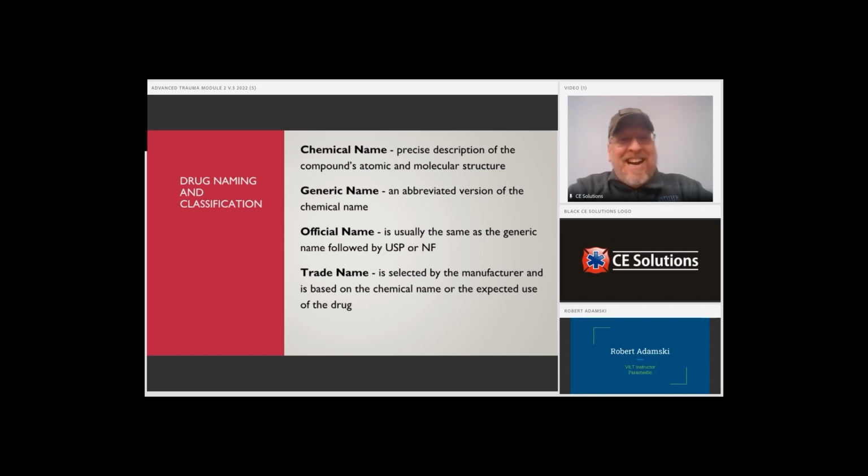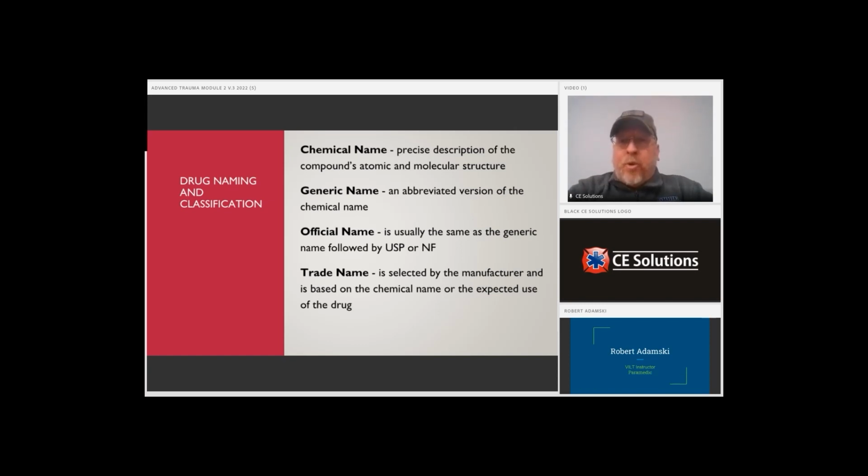The first is the chemical name, and that's the esoteric, really nerdy chemical name. That involves the molecular structure and a description of that molecular structure of that specific chemical. The second drug name is the generic name.